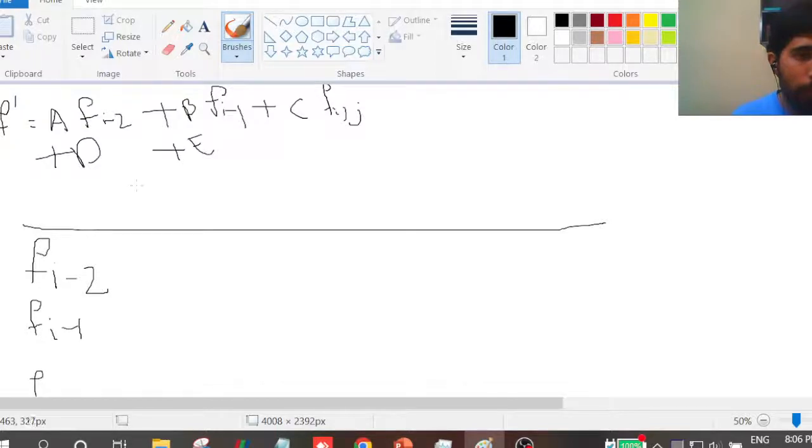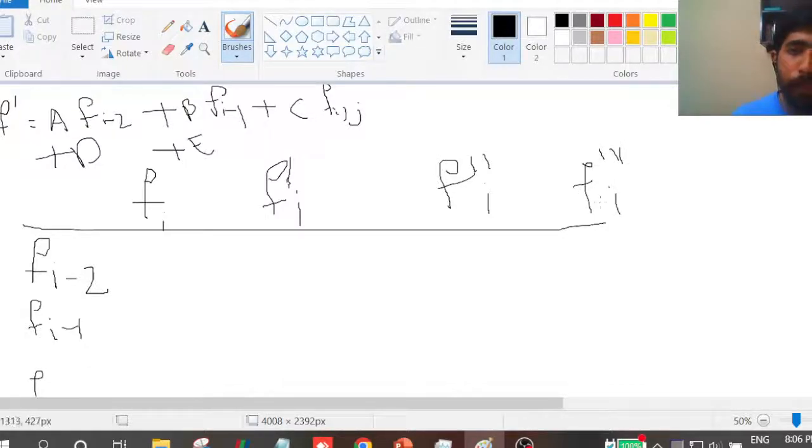Now in the columns, the way in which you express f of I minus 2 using the Taylor series, you should be able to express this in terms of f at I, then f dash at I, f double dash at I, and f triple dash of I. Again, since you need four unknowns, you can restrict yourself only to four columns.